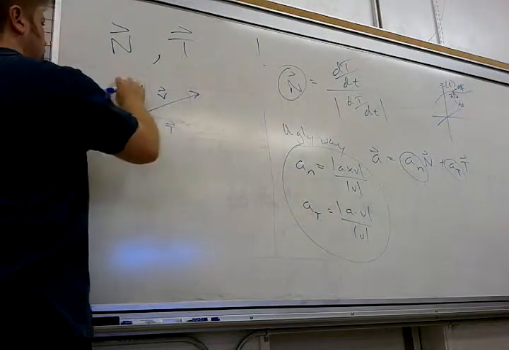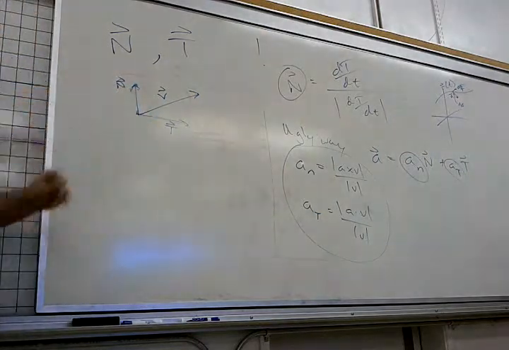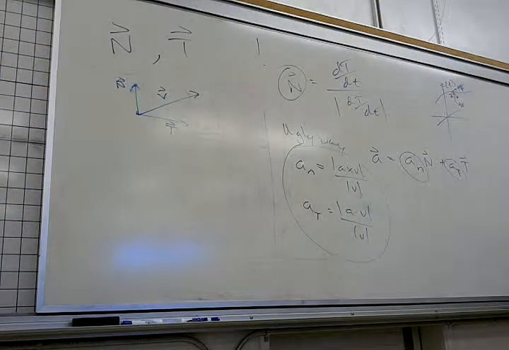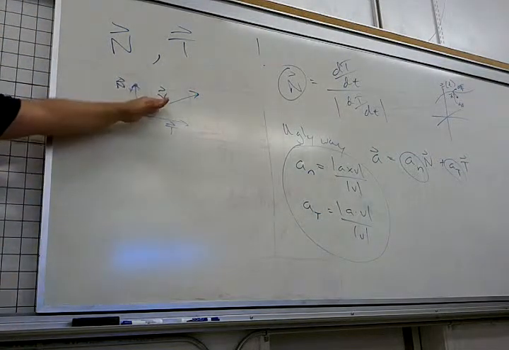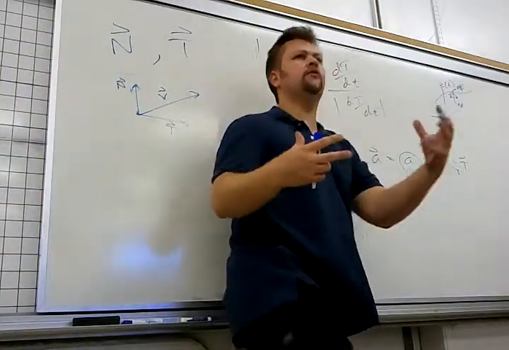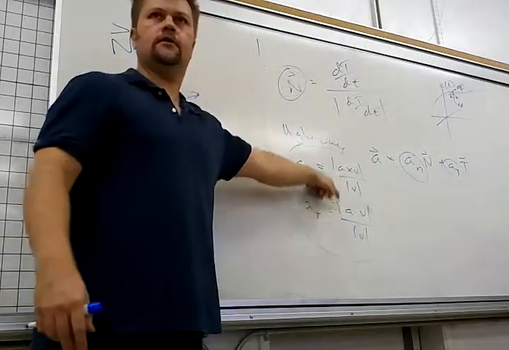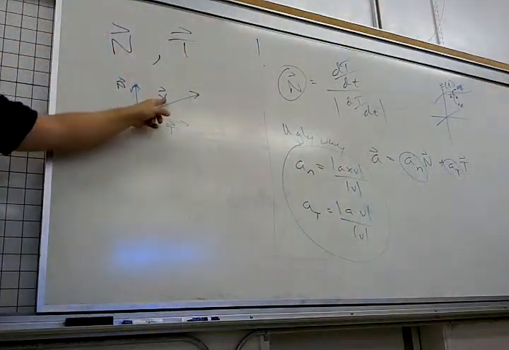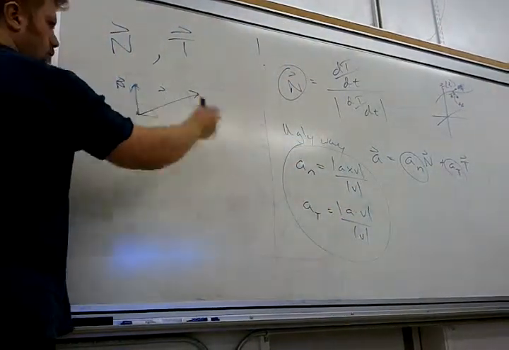I want to find the components of that. With these, isn't there a much quicker way to do that? If I have a vector and I have to find these anyway, why would I go through this ugly stuff when I can really just take, let me put A here so it's a little more in line with what I'm saying.